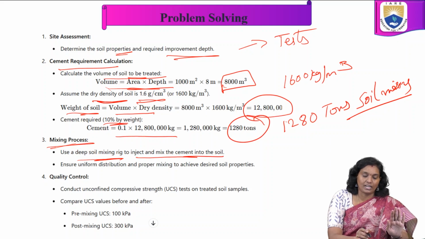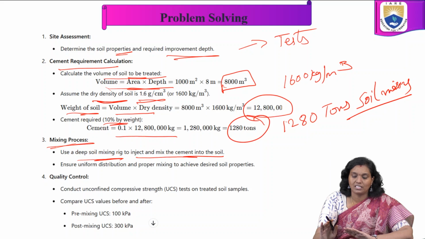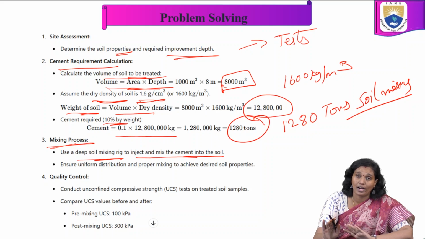So once we understand the soil properties, we move on to the various things involved in this requirement, how, according to the percentage, we calculated the required material, in this case cement.